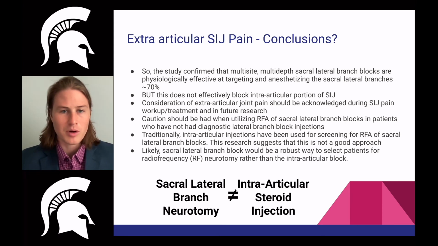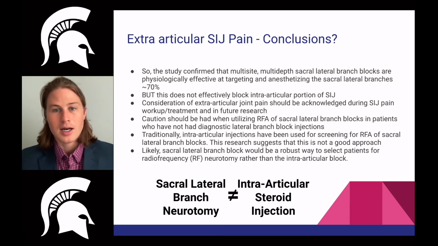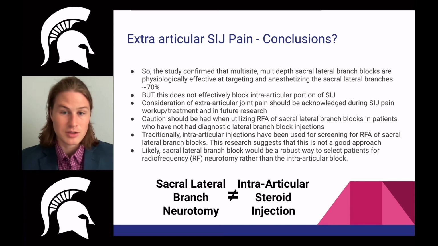And this is important because historically, radiofrequency ablation was used to block the SI joint. However, this suggests that that's not true, and a better screening method for sacral lateral branch neurotomy would be blocking of these branches with bupivacaine or local anesthetic prior to neurotomy.